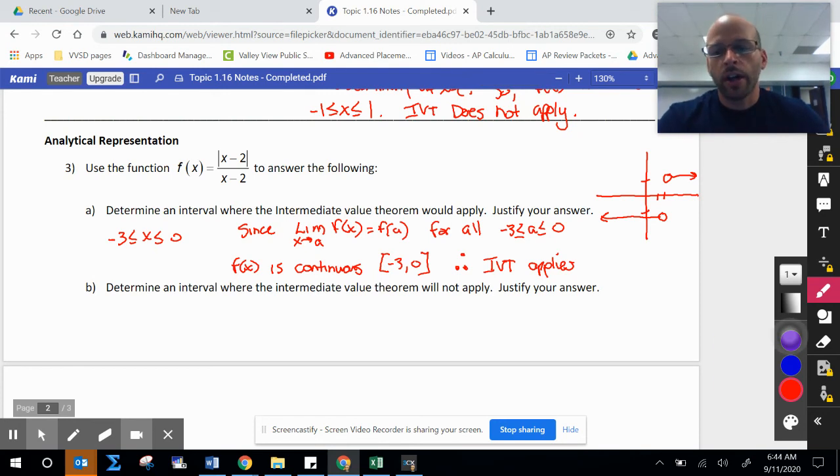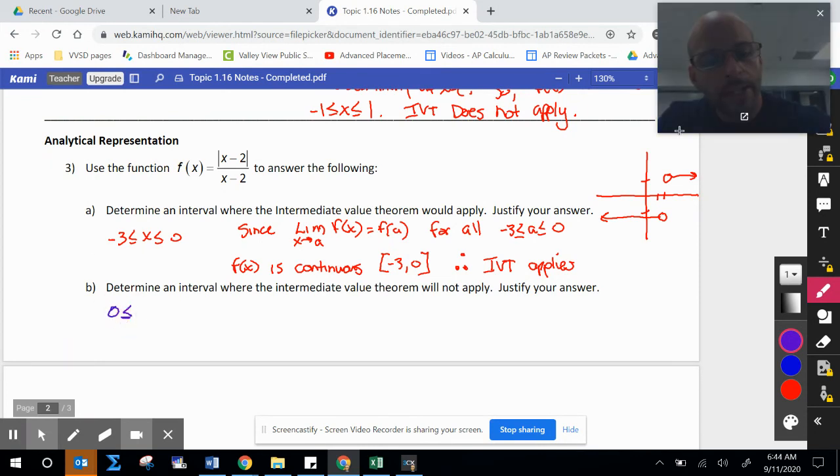So to go to the other end of the spectrum, what's an interval where it doesn't apply? Well, we can say from 0, let's say, to 5, okay?